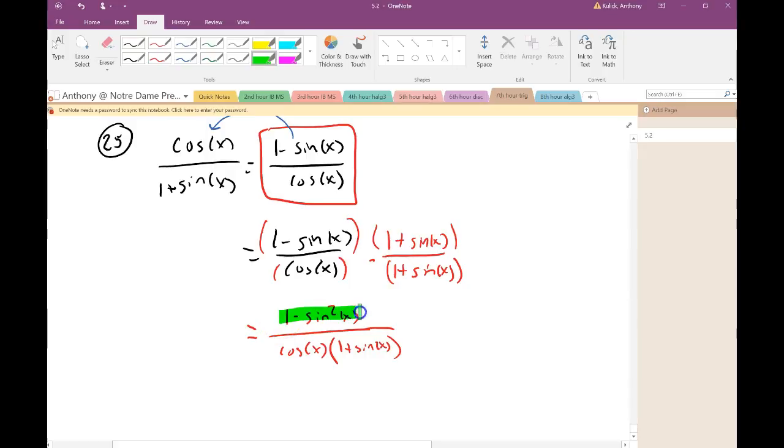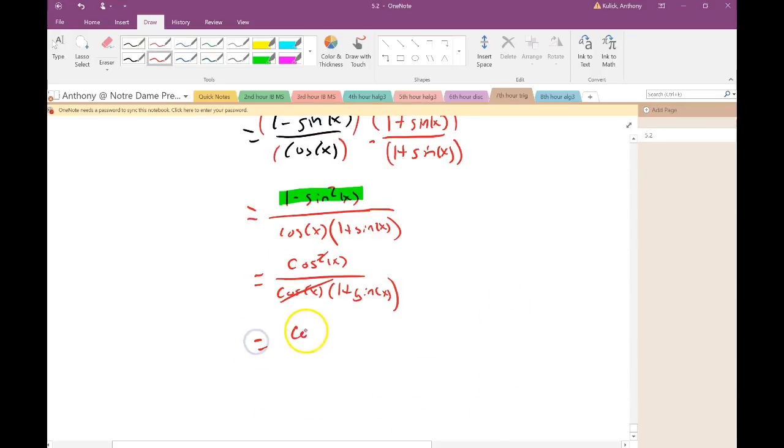So the key was I got this 1 minus sine squared, and I wanted that because it turns into cosine squared. And now I can reduce. And that's what I was searching for.